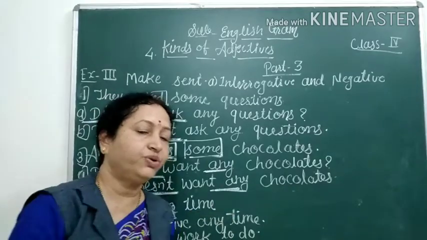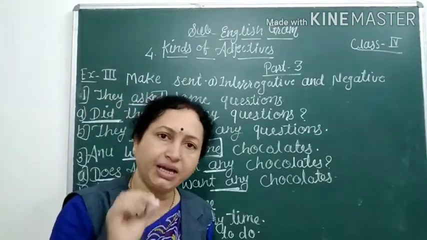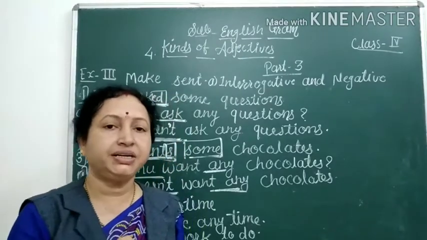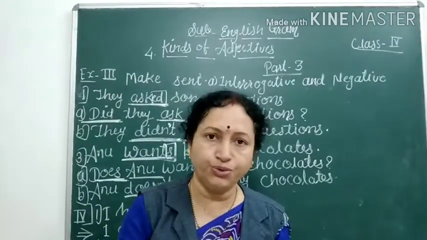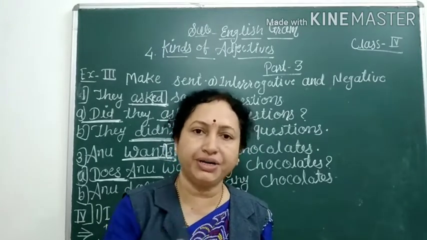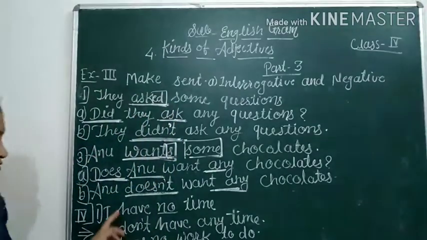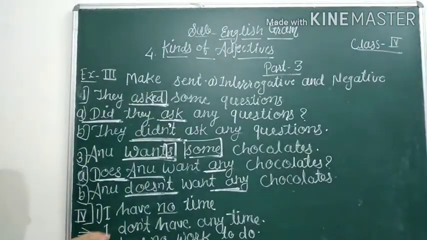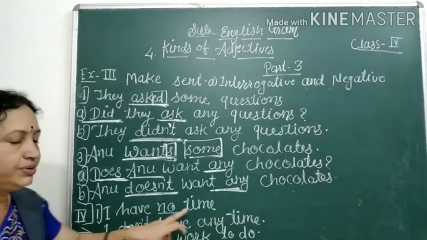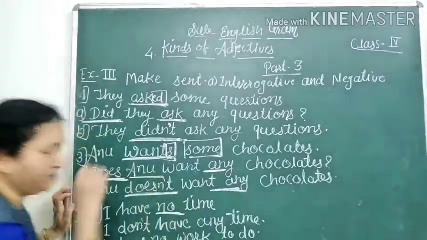So in other sentences you have to use it like that. Next, our fourth exercise, we have to use not any. In the sentence there is only no, and instead of no we have to use not any. So how will we use that? I will explain in two sentences. I have no time.